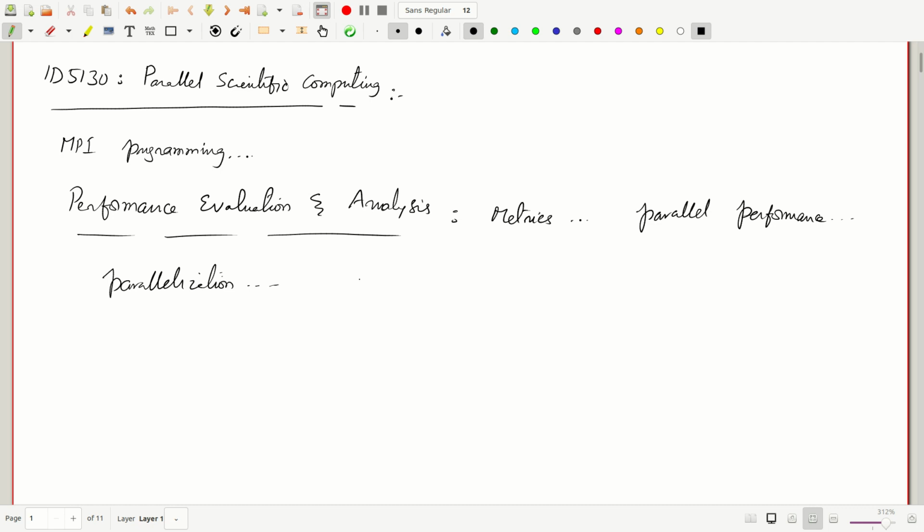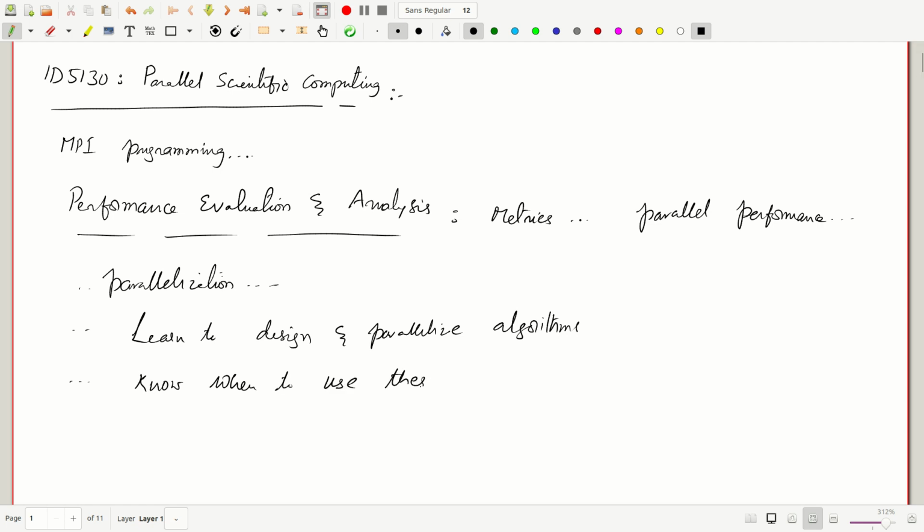So we have to not only learn to design and parallelize algorithms, and in addition we should also know when to use parallelization.